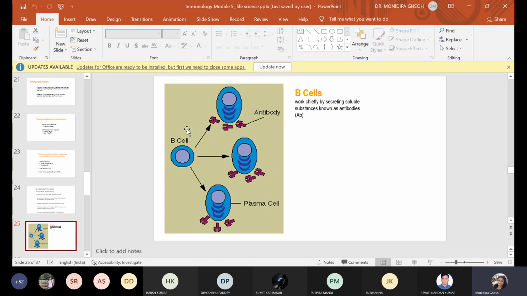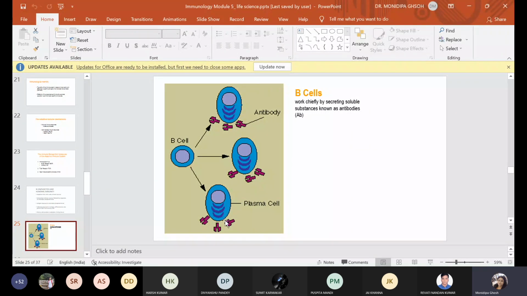The interaction of antigen is needed, and the result is the production of antibody. The production of antibody by the B cell is facilitated, and the plasma B cell produces antibody; it is called the effector B cell.